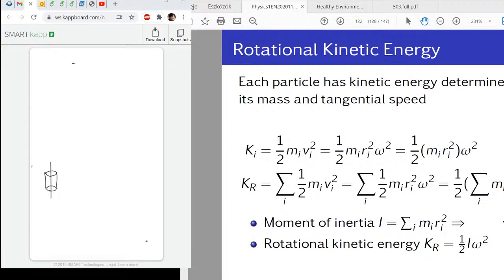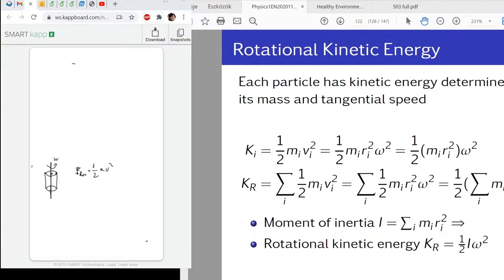Calculating any kind of kinetic energy for a rotating object is not that easy using only the kinetic energy equals 1 over 2 mv square formula, because the points of the body close to the axis and far from the axis have different v.